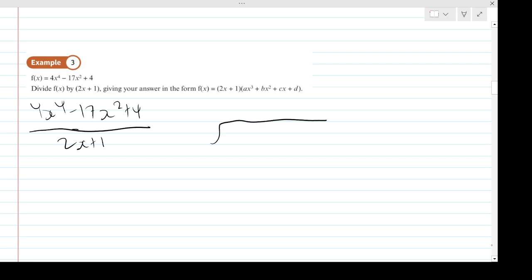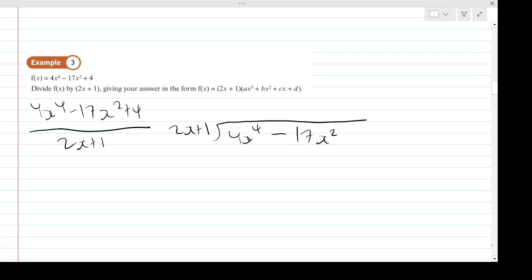So firstly, the divisor, what we're dividing by, has to be outside, and what we have on the top here, the 4x to the 4, and so on, has to be inside. So 4x to the 4. Now, you would perhaps be inclined to say minus 17x squared.